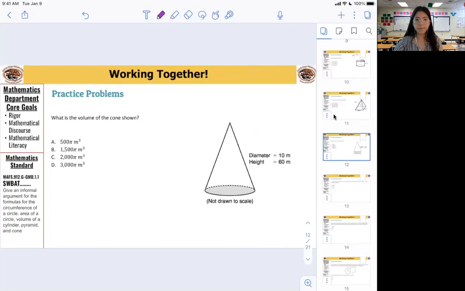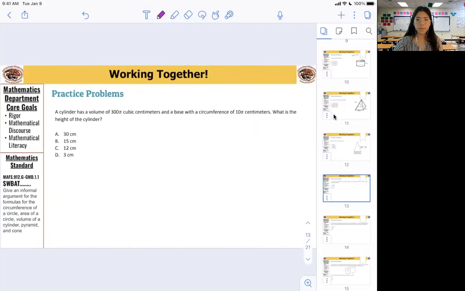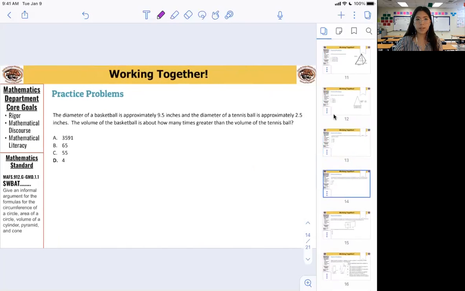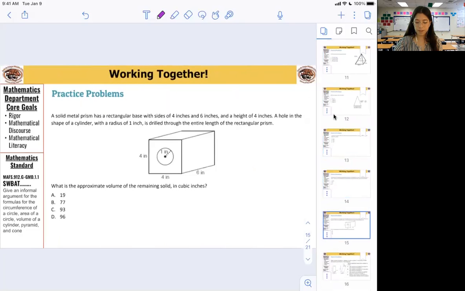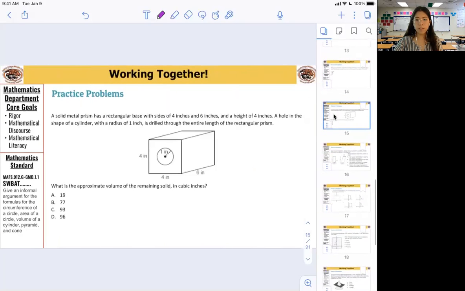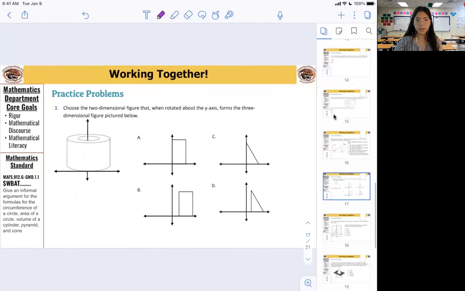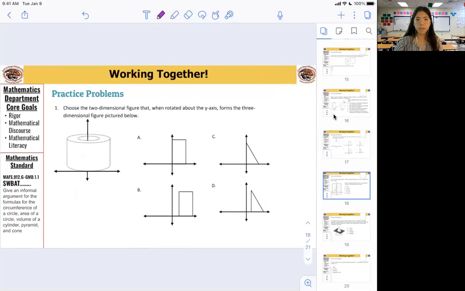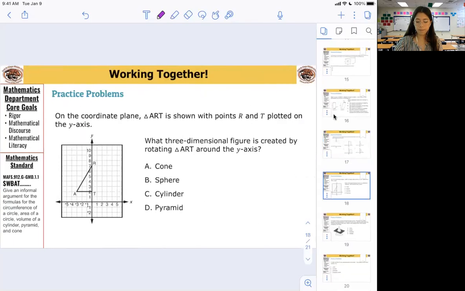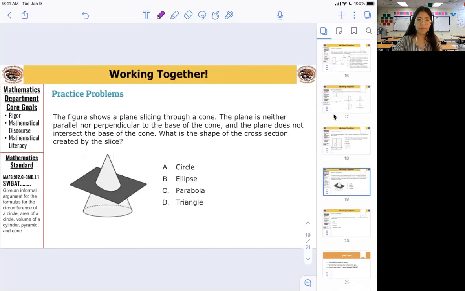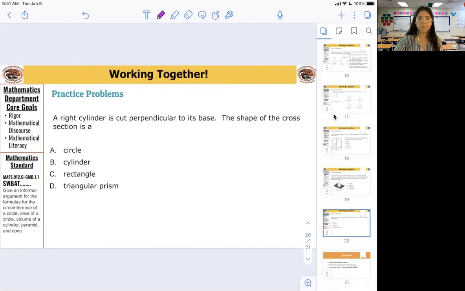Number 12, 13, 14, 15, 16, 17, 18, 19, and 20.